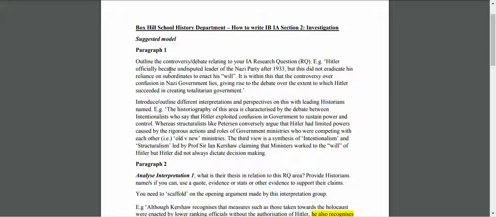So in other words, if the research question is getting you to support or challenge that view, then clearly the most important thing straight away is that there is a controversy here. There is this idea of Hitler, the strong leader, the Führer, in many ways an orthodox view, particularly in the early years of Nazi history.